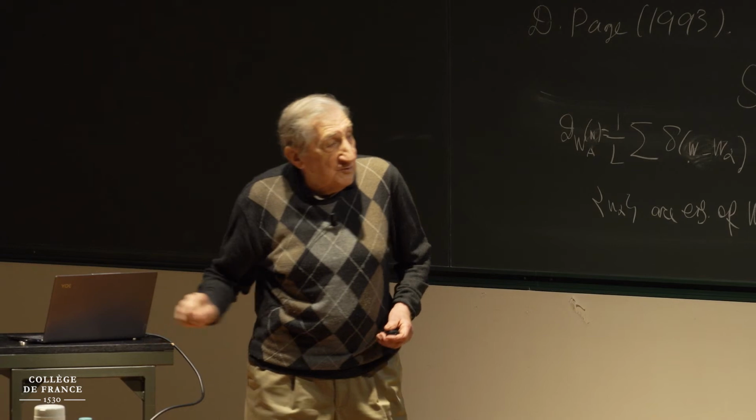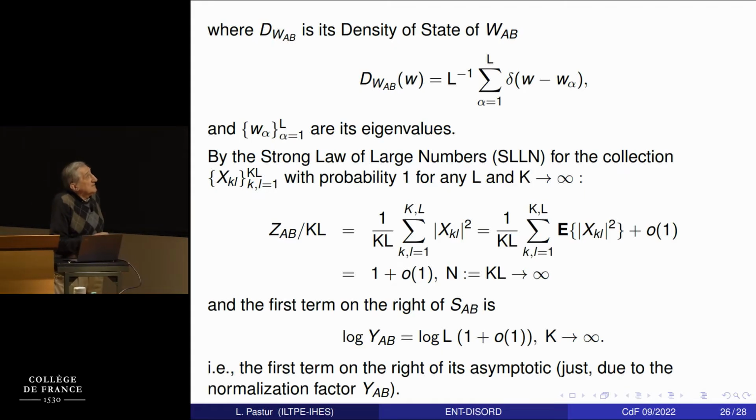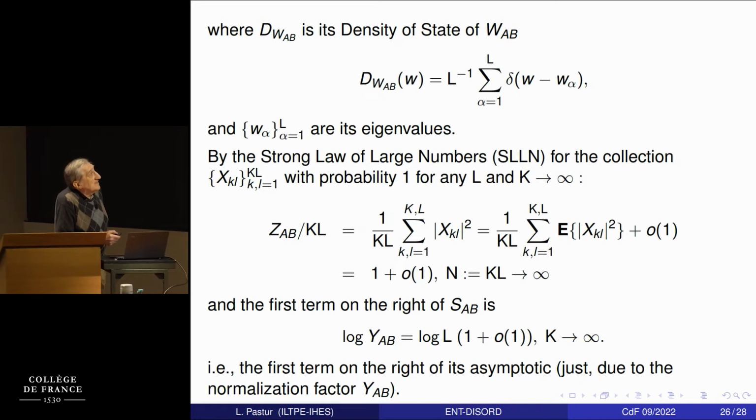Now, what do we have? Let's look at that expression. All xkl, they are independent and identically distributed. You have a certain number of these summed eigenvalues divided by the number of terms.